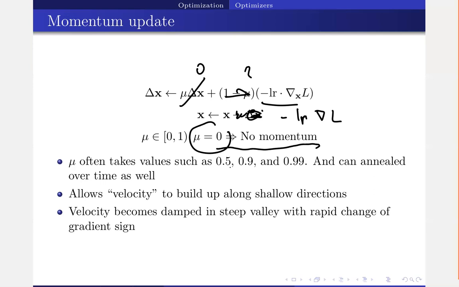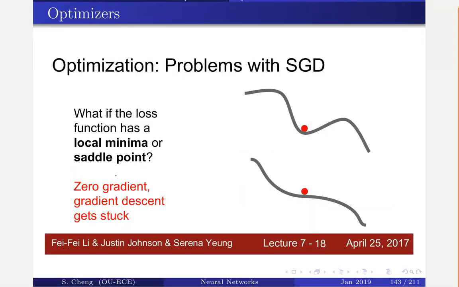And for my mu here, some typical values are maybe 0.5, 0.9, 0.99, and so on. This is momentum. As we illustrated earlier, it allows velocity to build up in the shallow direction, the direction that we have horizontally earlier.